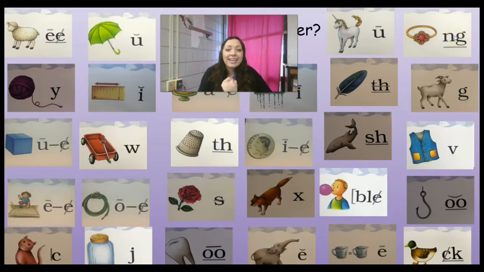Ring, ng. Digraph, N-G. Yarn, Y. Inch, I. Cake, A. A consonant E. Icicle, I. Feather, digraph, TH.